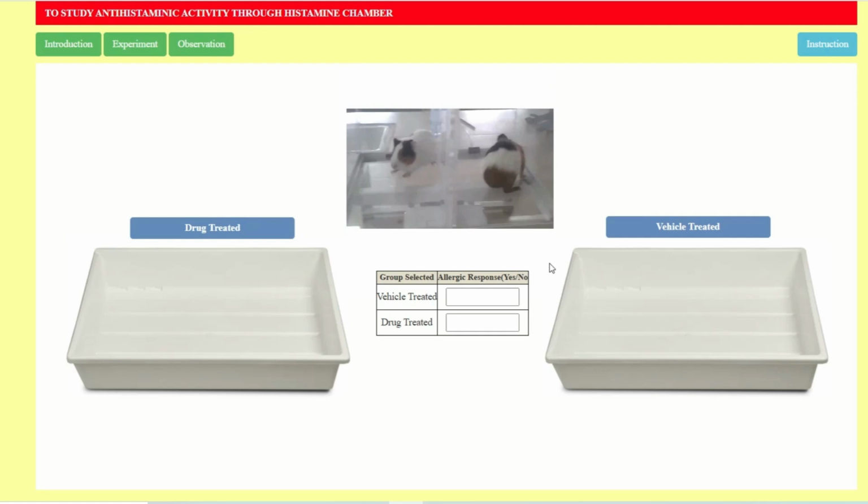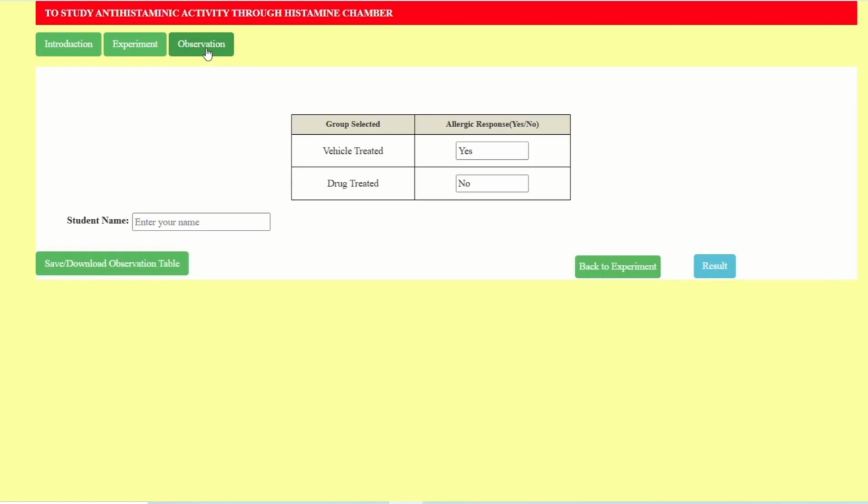So now we have to write here allergic response. We will write in vehicle treated yes, in drug treated no. So it has no reactions. It looks calm. So now we will go ahead and see the observation. The vehicle treated shows allergic response yes and drug treated no.